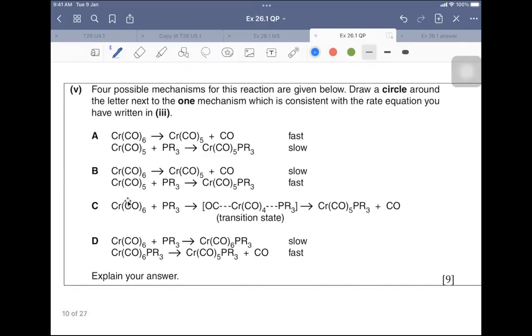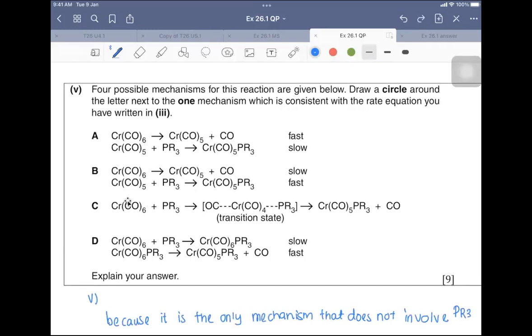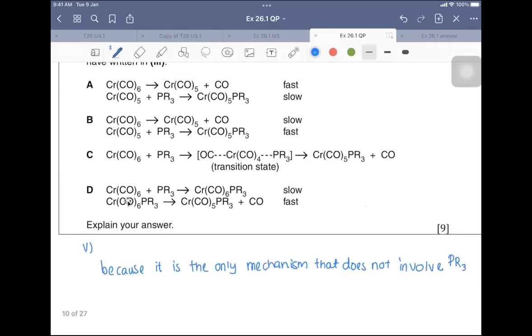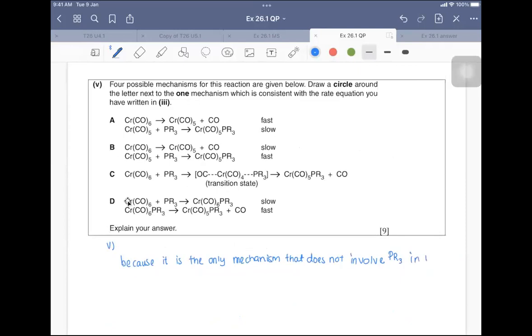After you choose the answer, you will say because it is the only mechanism that does not involve PR3 in its slow rate determining step.